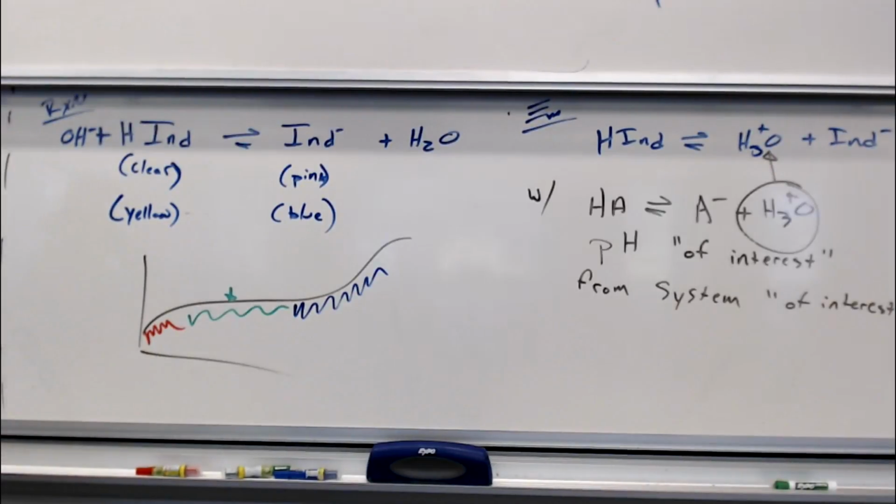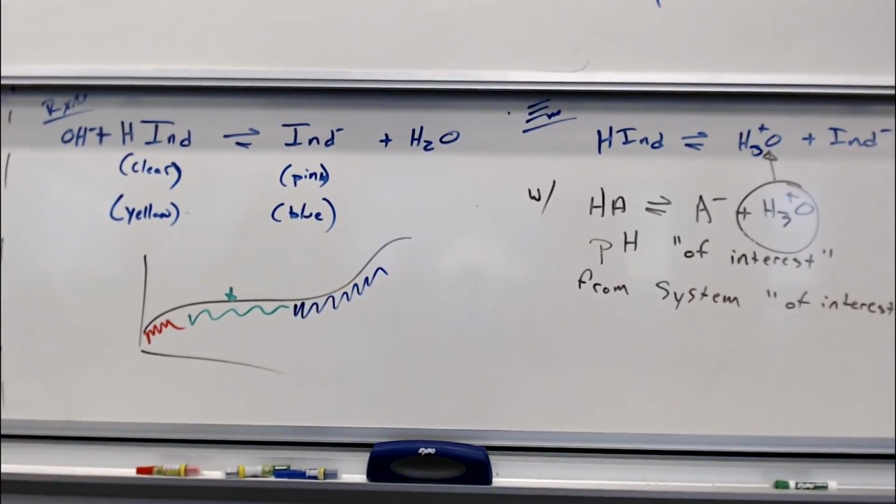But an indicator changes colors on its own. It doesn't need another weak acid system to change colors. You can just put an indicator in water, add an acid and base, and it changes colors. So with that, are you showing that the dissociation of the weak acid is affecting the indicator, and that's why it helps? Like the systems are interacting? Yes, exactly. The systems interact because the indicator's in the beaker with the weak acid.